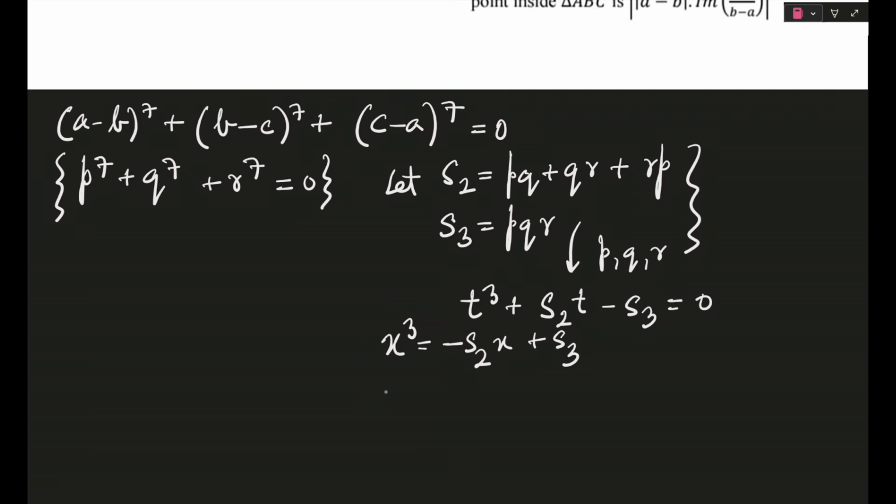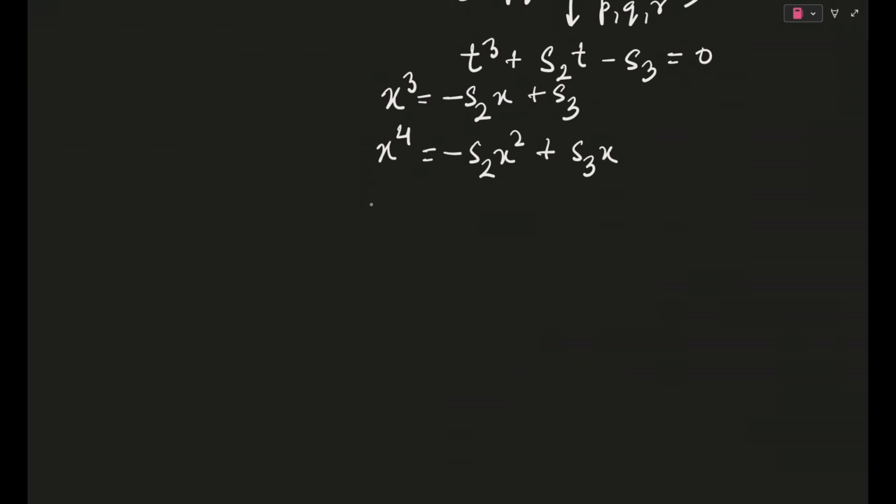So if we multiply this with x, then this will be minus S2 x square plus S3 x. Further, if we multiply this with another x, x power 5, then this will become S2 square x minus S2 S3 plus S3 x square.